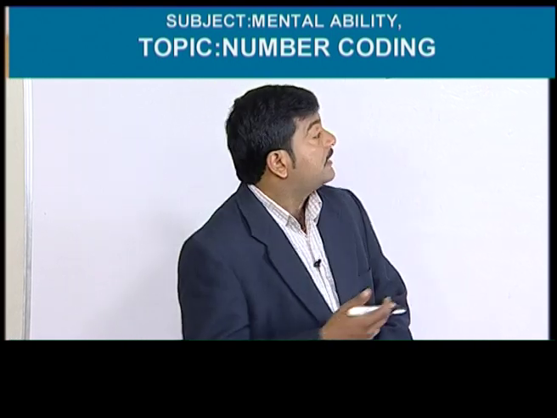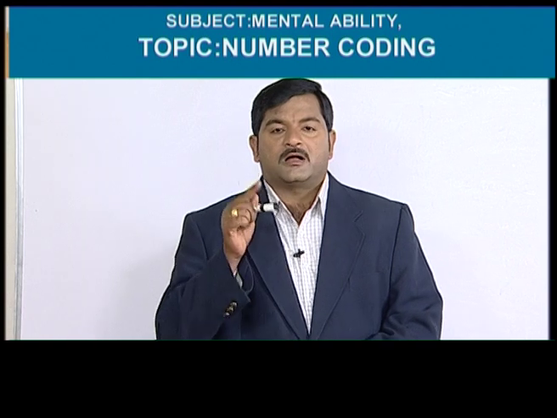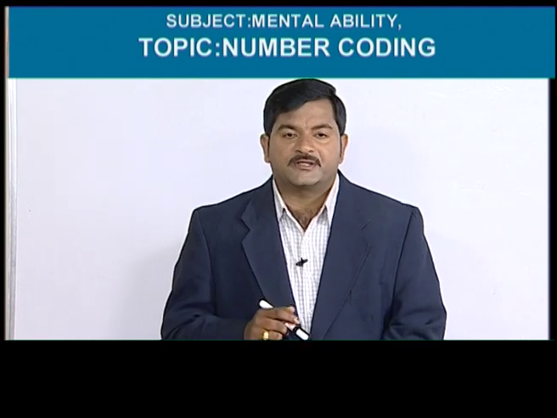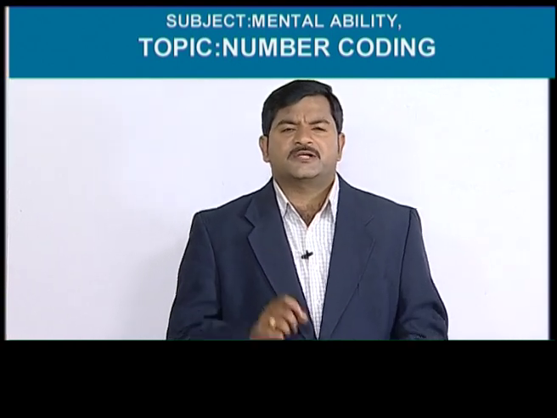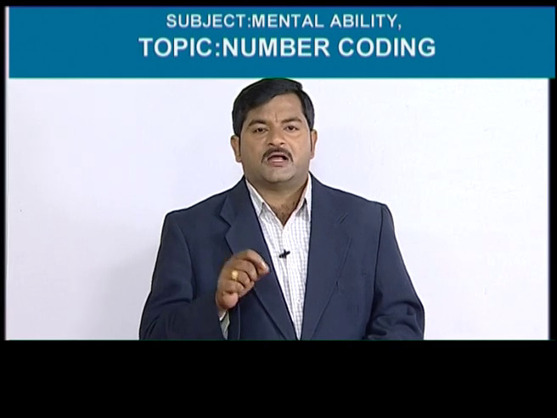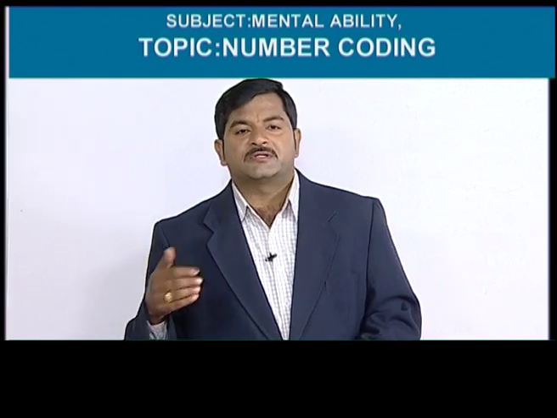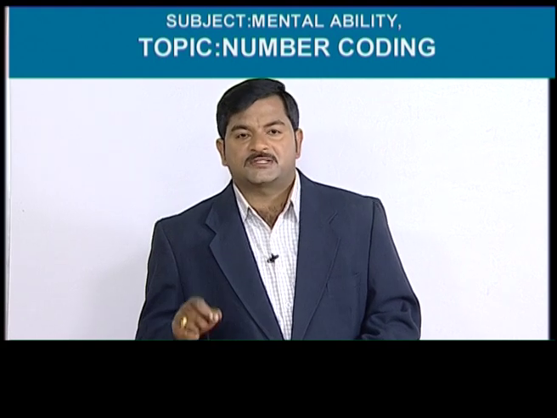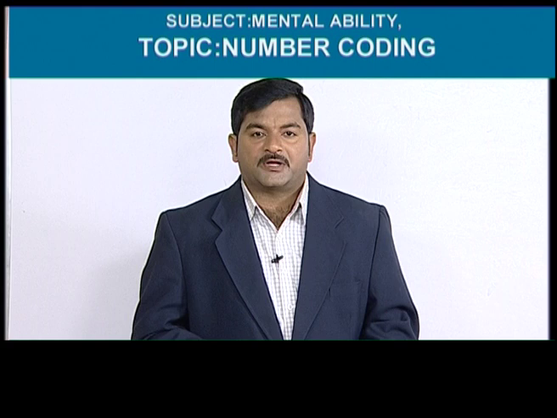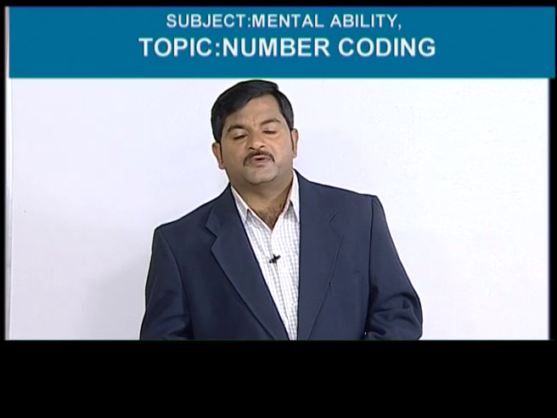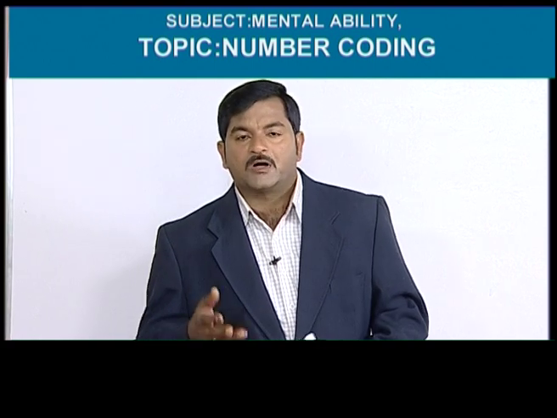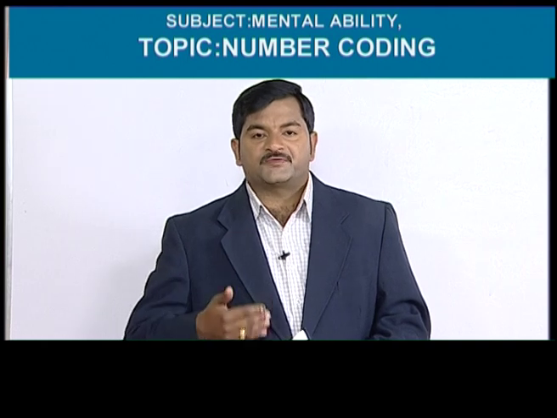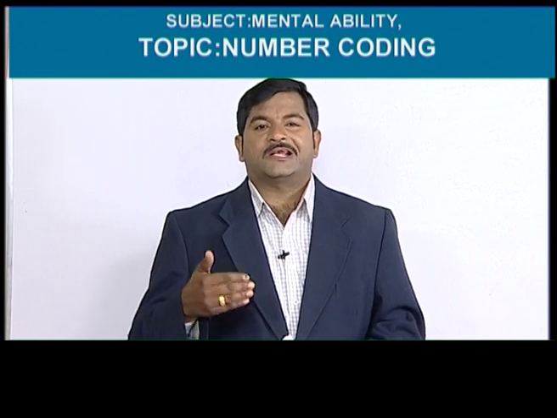Before starting the different types of number coding, I need to make one point regarding alphabets. In session 1, if you remember, we already saw different types of alphabets. According to English we have 26 letters, but from our reasoning and analytical ability point of view, alphabets are many. Suppose I need to find the 30th letter.